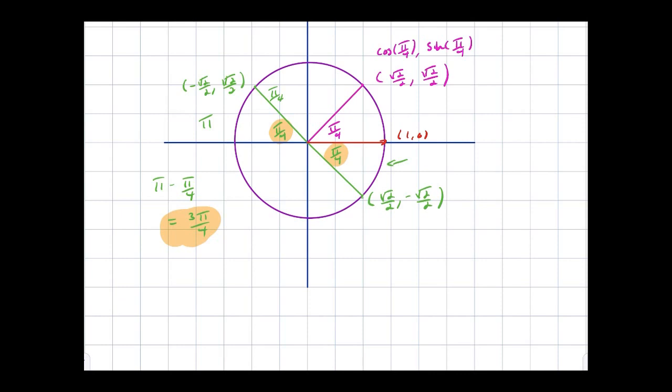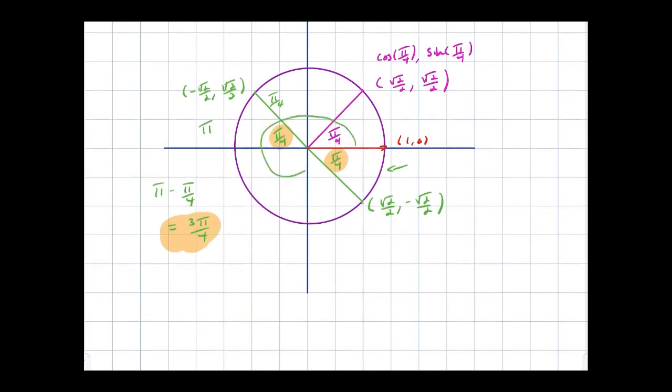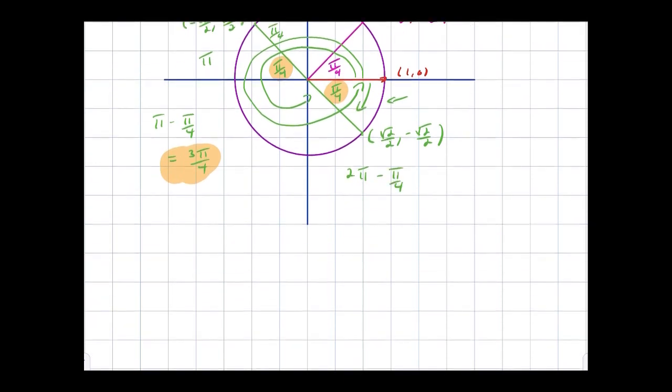What about this one down here? Well, if I want to go counterclockwise and get to there, I can again think of going all the way around by 2 pi, and then coming back by pi over 4. And again, I'm just going to take a leap of faith here and say I believe that's 7 pi over 4.